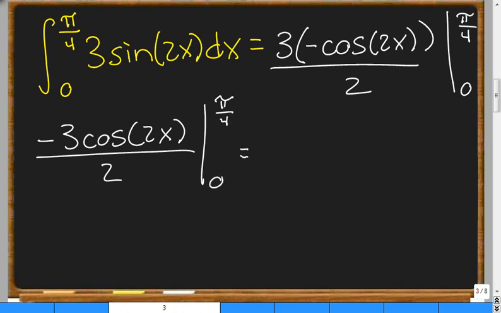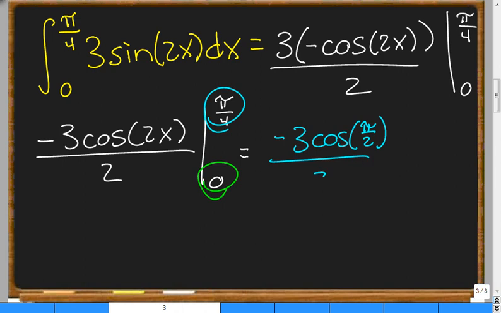So we need to plug in, again, our first number, and then subtract away when we plug in our second. So I plug in pi over 4, I get negative 3 times the cosine of pi over 4 times 2, which is pi over 2, divided by 2.